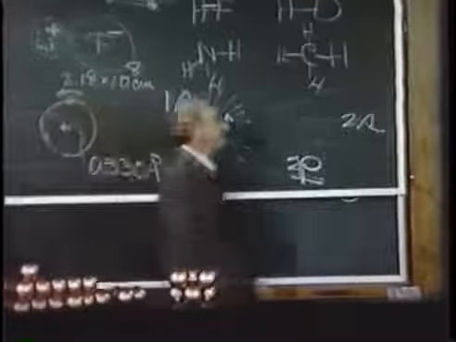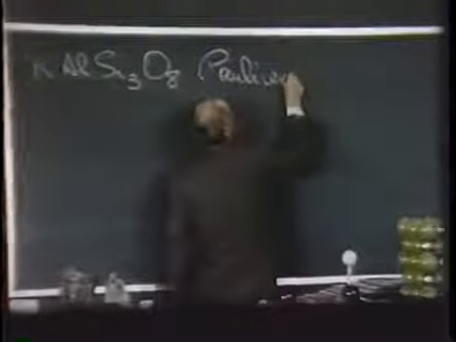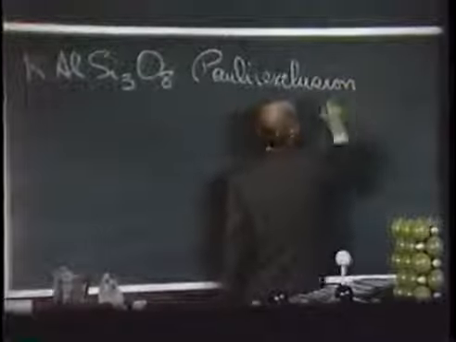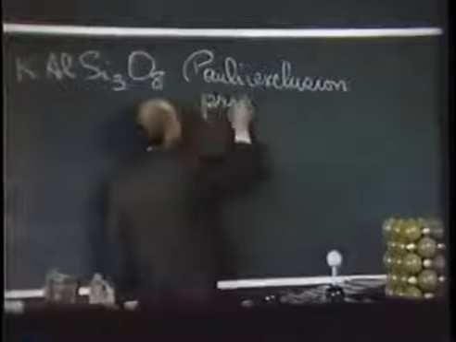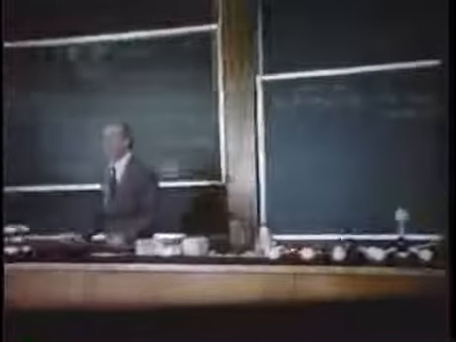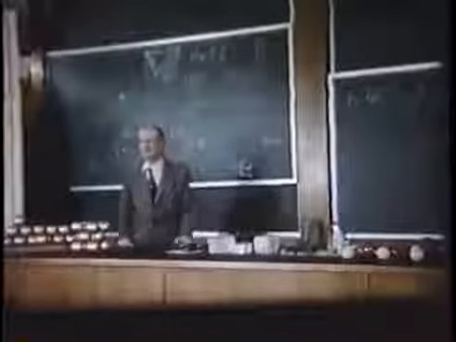The Pauli exclusion principle, discovered by Pauli in, I think, 1925 or 1926, states that no two electrons in the universe can be in exactly the same state.